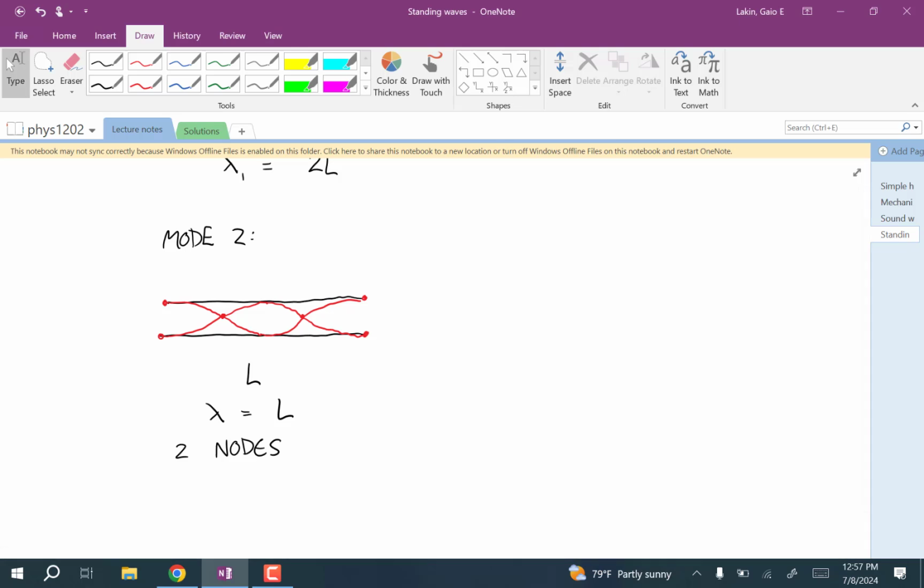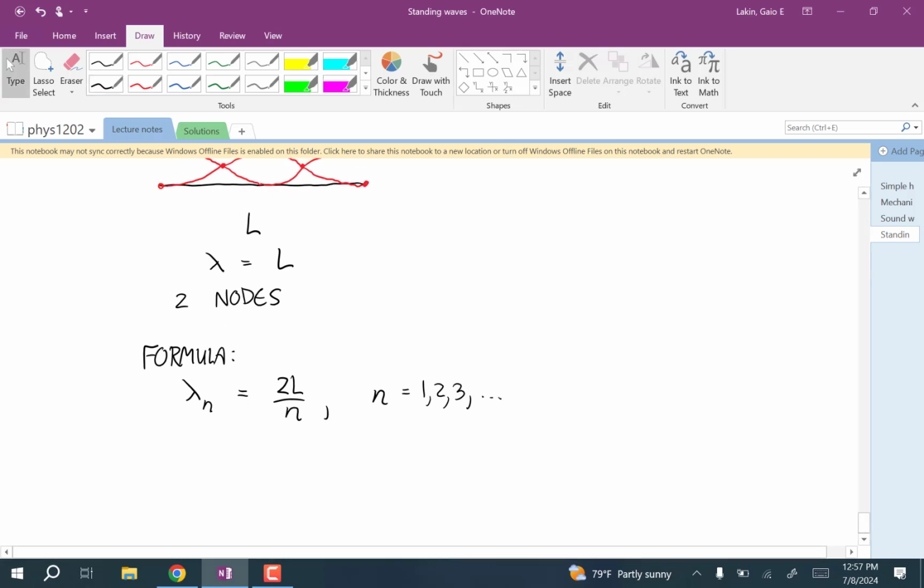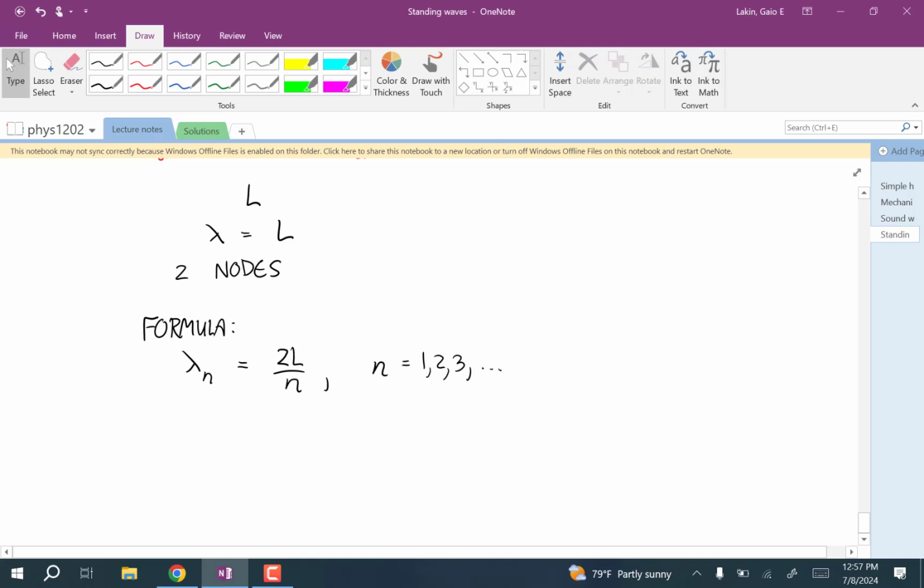And we could keep going with this, but I'm just going to give you the formula. So the formula for the wavelength is that the wavelength sub n is equal to 2L over n, where n is equal to 1, 2, 3, and so on. Okay, and now for the frequency, we know that the nth wavelength is equal to v over the nth frequency.